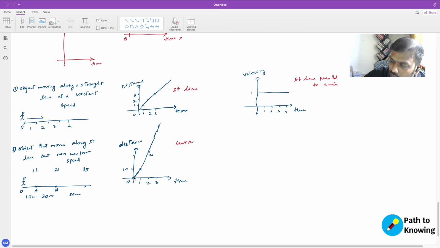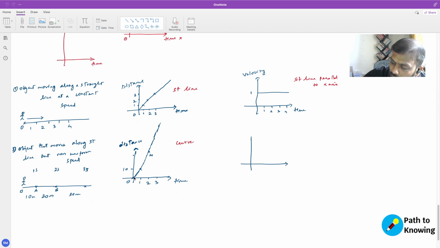In that scenario, you have your velocity and you have your time, right? And in that sense, your velocity would constantly change at an equal rate, right?